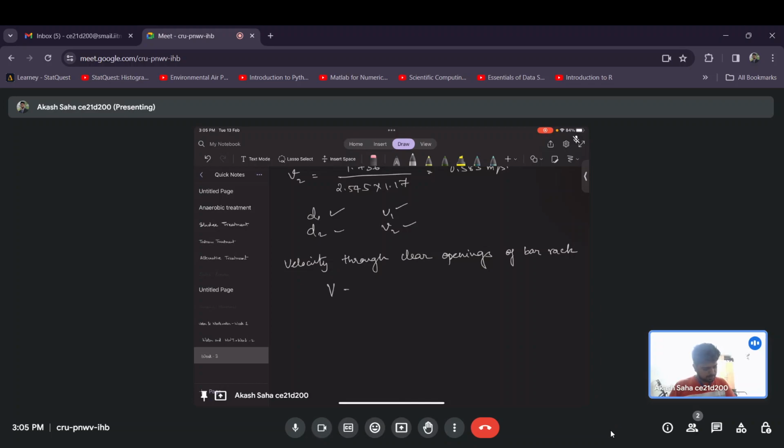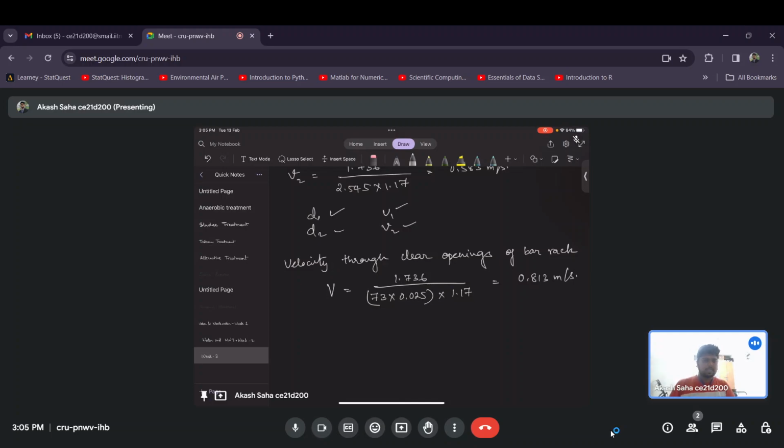My capital V will be equal to the flow, 1.736, divided by the area. My area will be 73 into 0.025, this is my breadth into height, which I have found out as 1.17. So it will be equal to 0.813 meter per second.